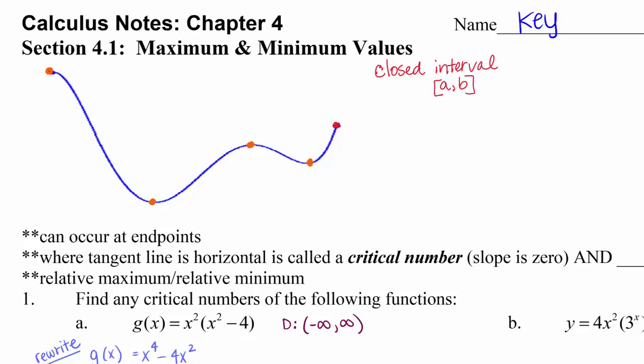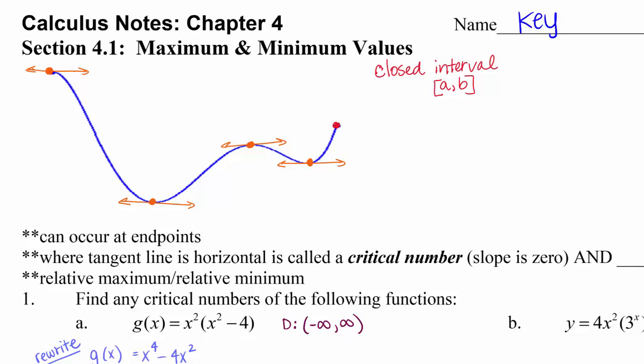If I draw the tangent line to the curve at that point, and forgive my lines if they're not perfect here, all of these tangent lines at those points are horizontal.